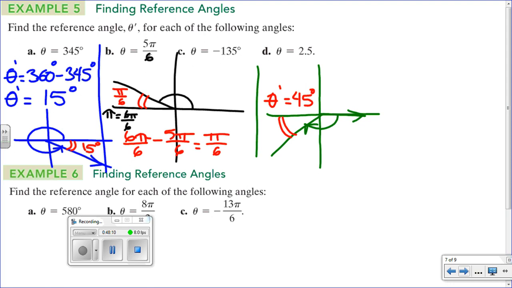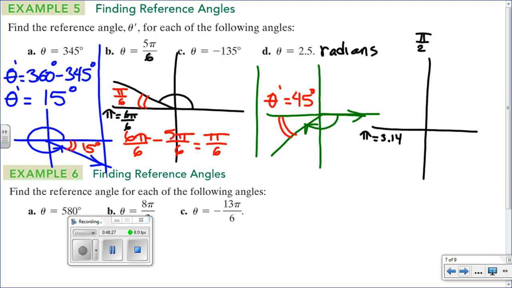All right, now for part D, that is in radians. So here's pi. What is pi approximately? 3.14. And then what is pi over 2? If you divide pi over 2, it's going to be 1.57.